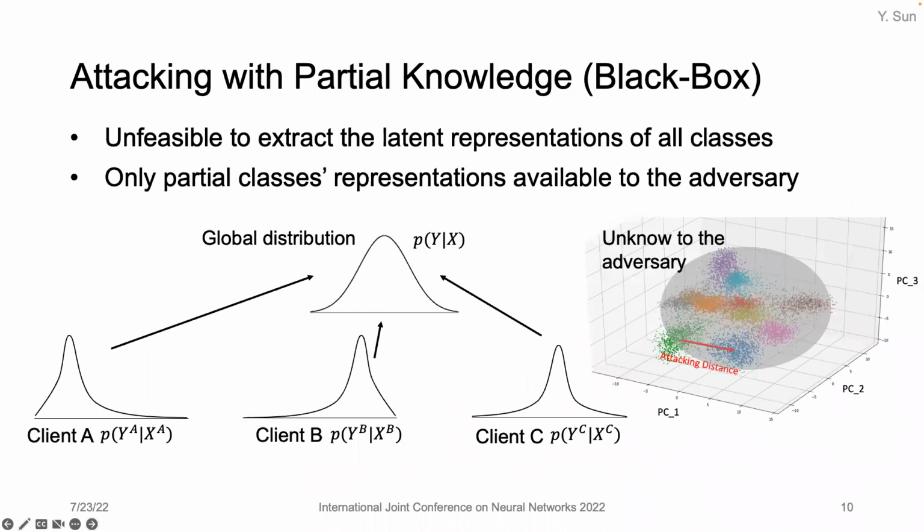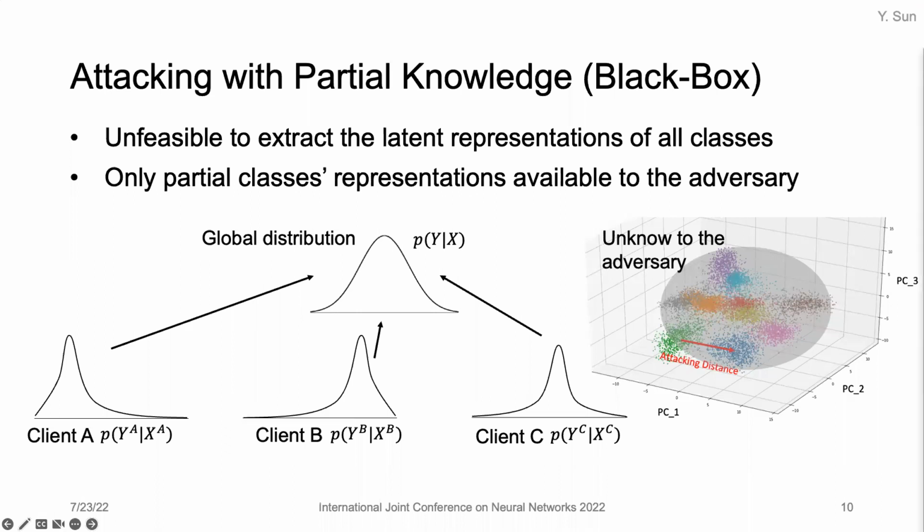On the other hand, the attack we just discussed is limited to the IID setting. So we want to consider a more realistic setting. In real life, it's usually difficult and even impossible for the adversary to know the entire feature space in the federated learning, and the distributions of clients will be much more different from each other.